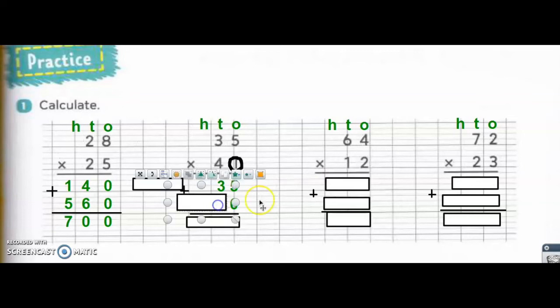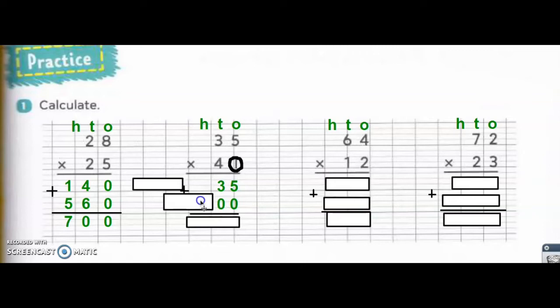Okay? So, let's repeat. 40 multiplied by 35. I move the 0, the tens 0 to the product, and I multiply 4 times 5. It's 20, so I have another 0. It's okay. I write it also, so I will have 2 zeros beside each other. Let's continue.